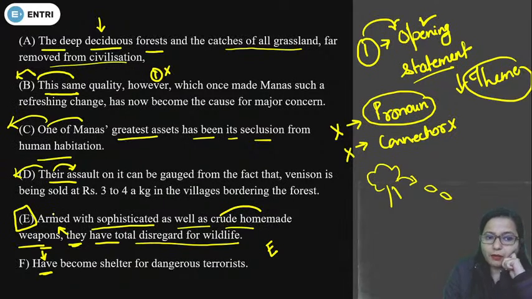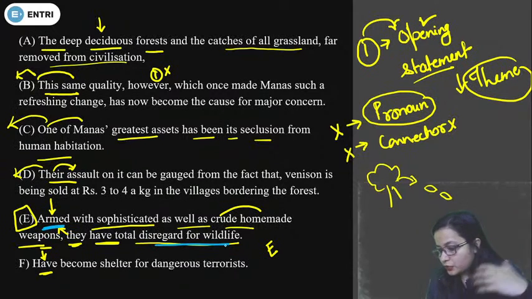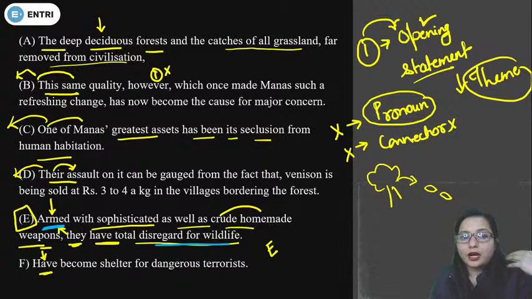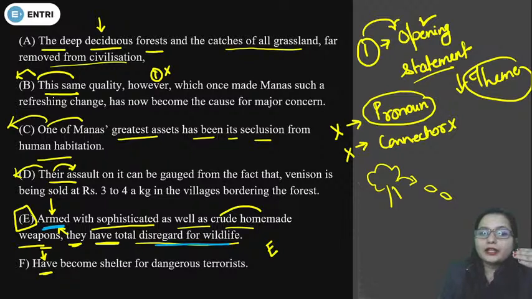So it is talking about the armed with sophisticated as well as crude homemade weapons. They have total disregard for wildlife. So the sentence is talking about the opinion of armed. They disregard wildlife. So chances are the other options will give us the reasons why they disregard wildlife. Okay, so we got E here.